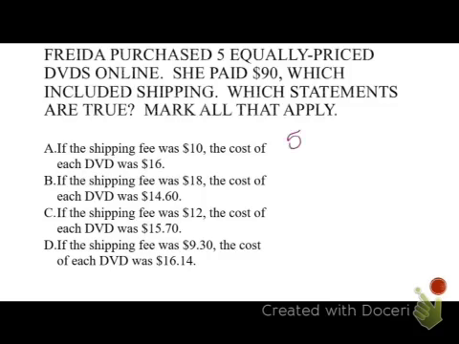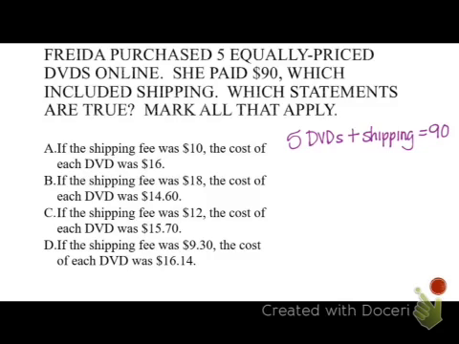We are buying 5 DVDs, and we are also paying shipping. We are only going to spend $90. And we want to know which of these is going to equal true statements.